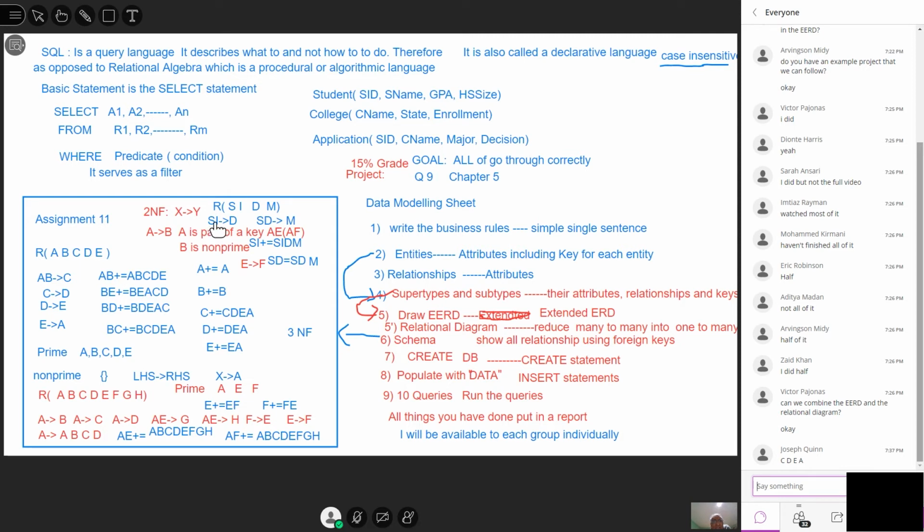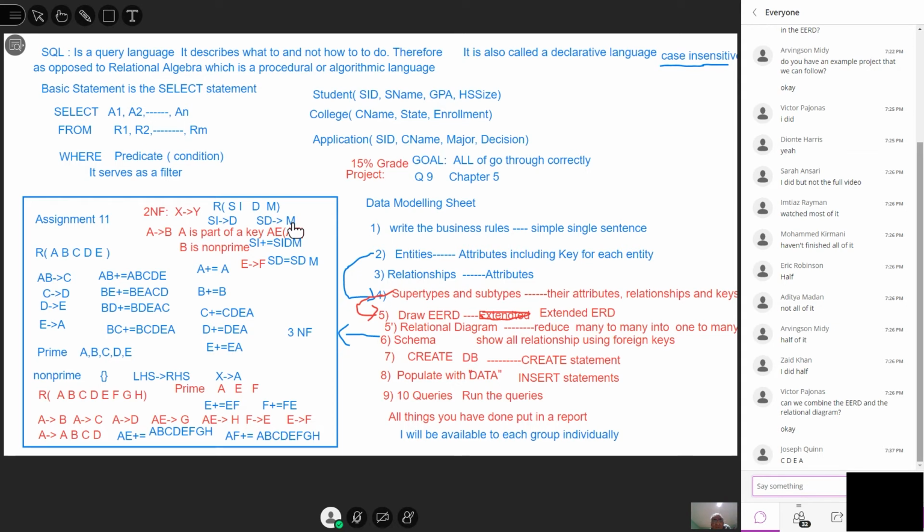By the way, you can check the closure of S is S and the closure of I is I. That's enough. And then you look at this. This is not a super key, and this is not prime. So therefore, it's not in third normal form.